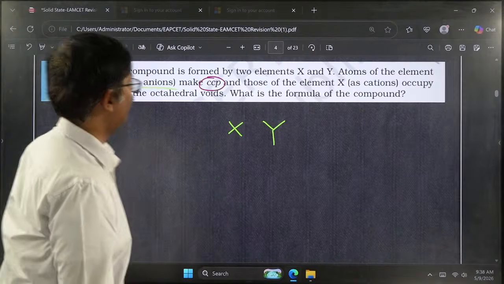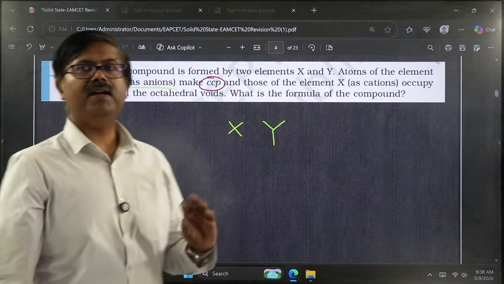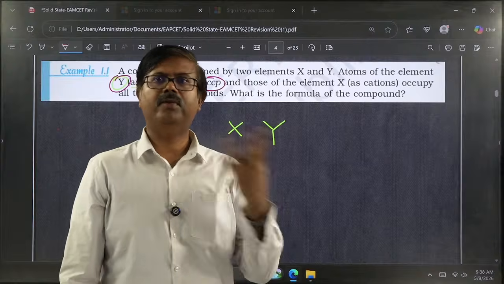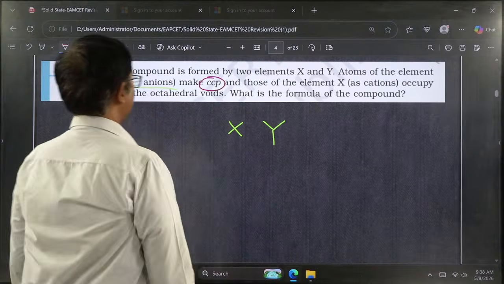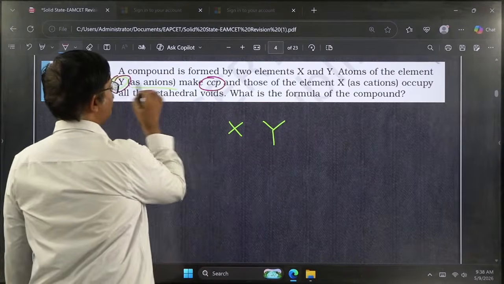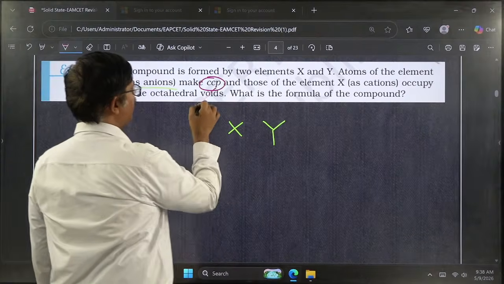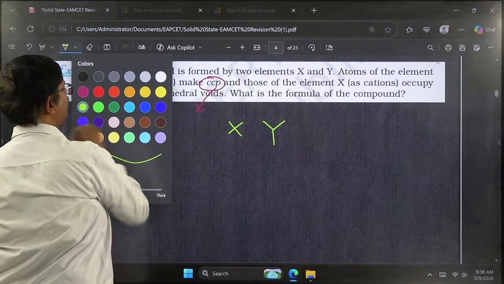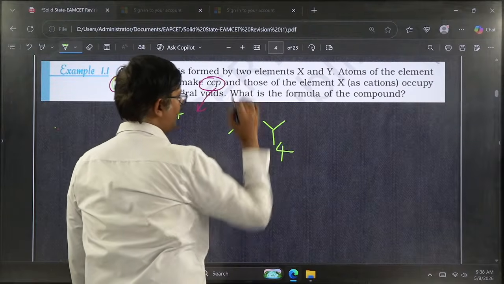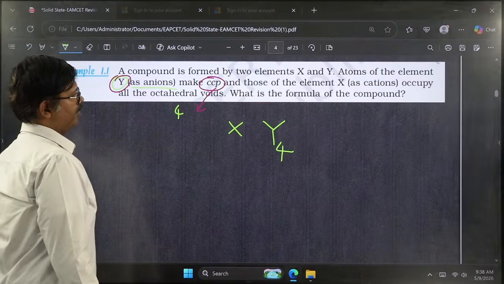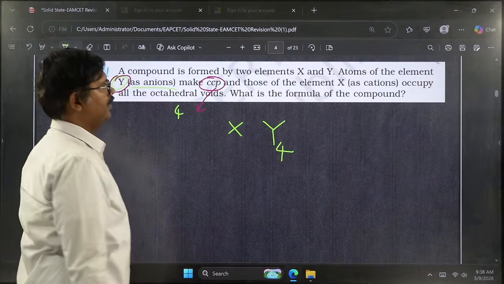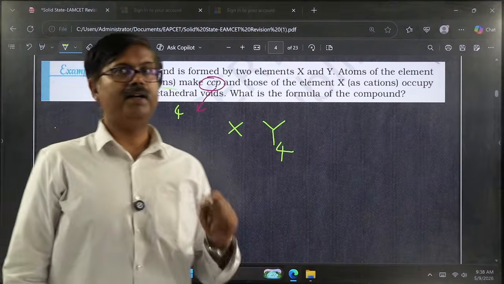What is the formula of the compound? In such cases, find the formula of the unit cell. It will automatically be the formula of the entire compound. So unit cell formula is what? In the unit cell, how many Y will be there? Y is making CCP, and in CCP there are 4 atoms per unit cell. So therefore there should be 4Y. Now if Y is 4, what about X? X is occupying the octahedral voids.